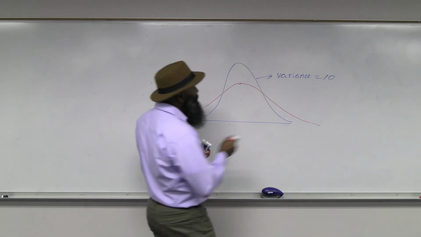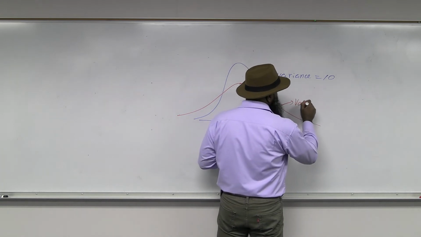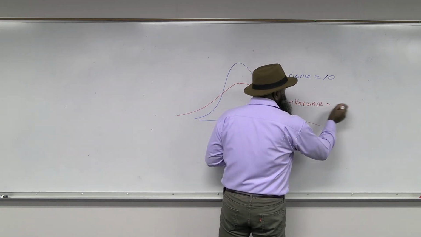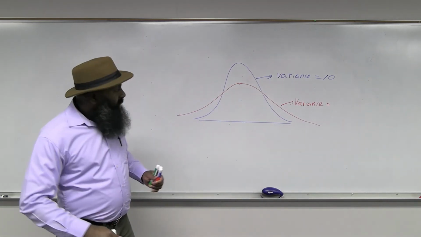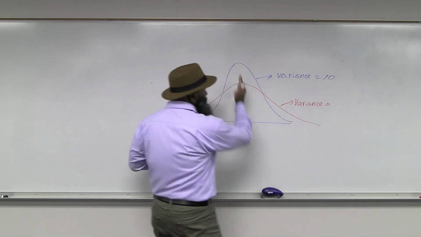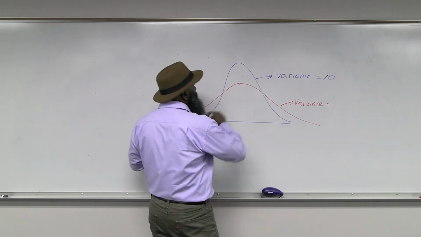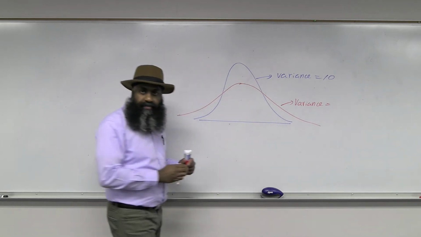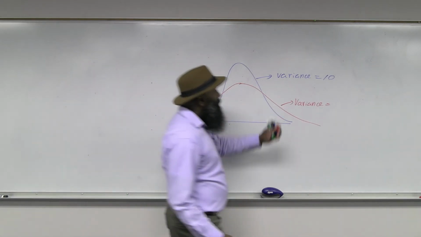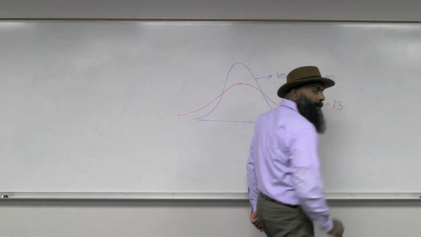The variance of the red distribution here should be larger because it's more spread out compared to the center, and compared to the distribution given in blue. So this variance may be 13.